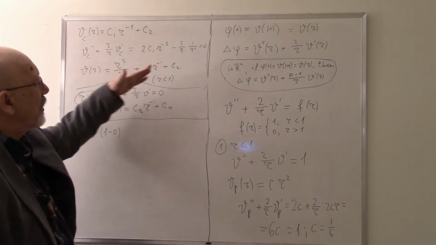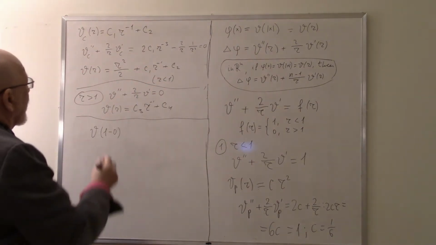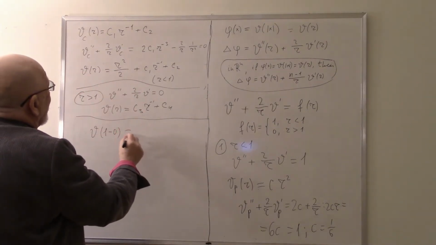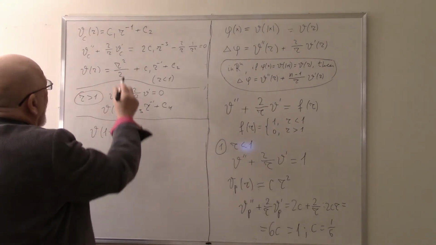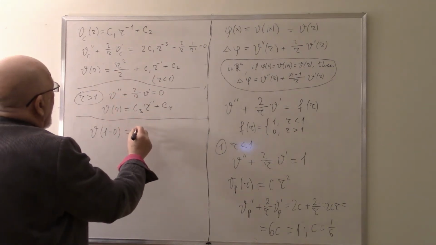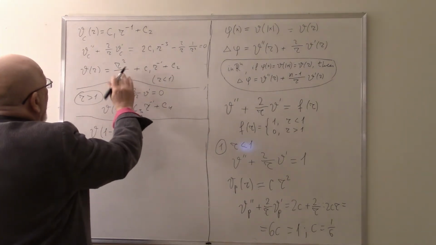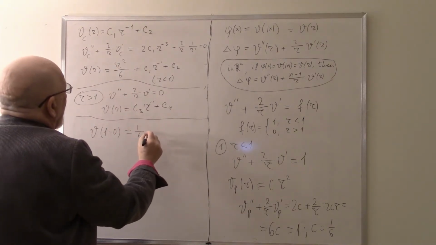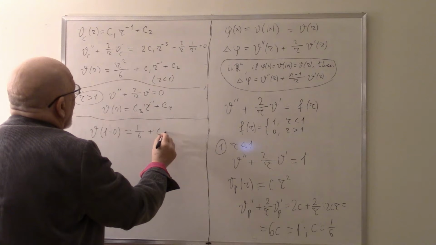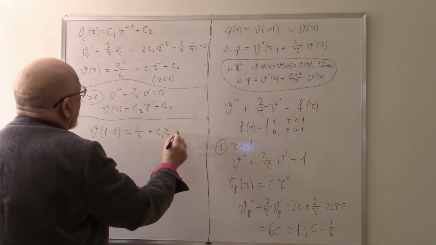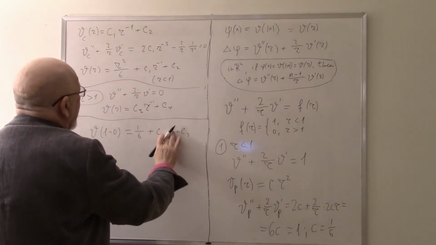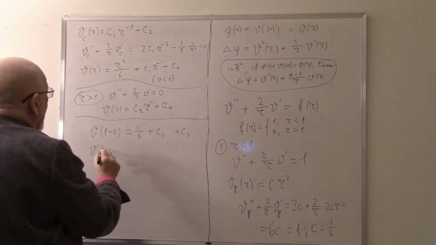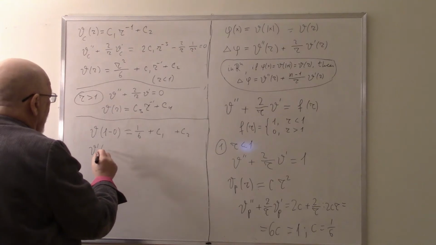So we continue this to the point r equals 1, it is 1 minus 0, so we go to the left, equals r squared over 6 plus C1 r^-1 plus C2, C1 plus C2. V prime of one, moment.